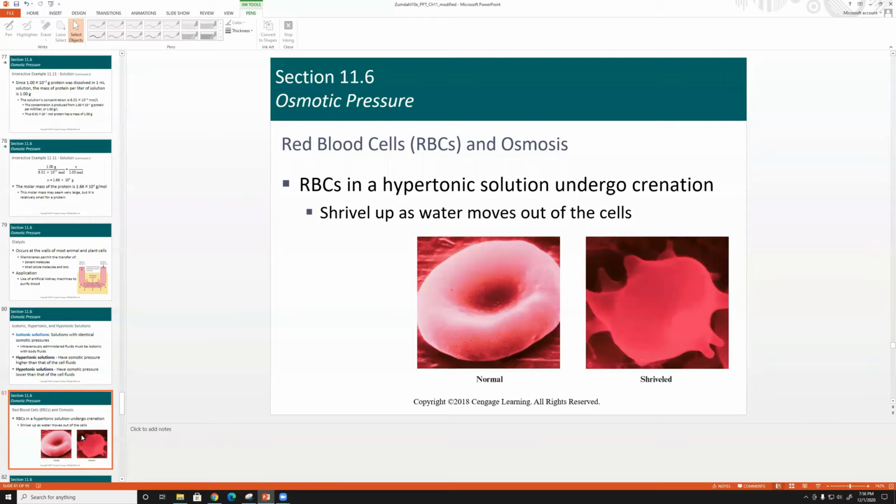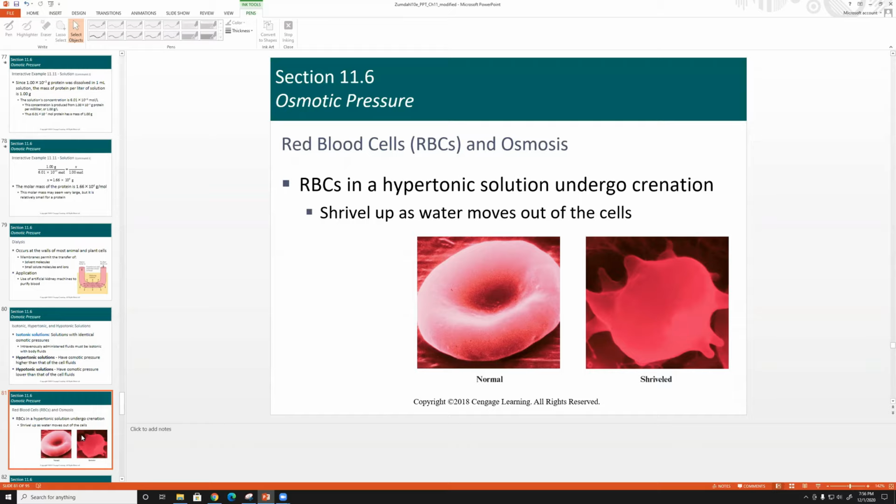Hyper means higher. Hypertonic means a higher concentration solution. Because it's higher, in order to dilute that solution, the water within the cell will move outward to lower that concentration gradient, because concentration gradients aren't favorable.